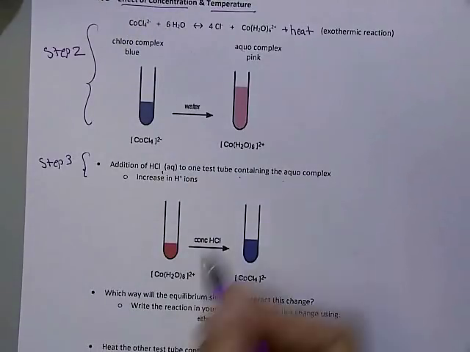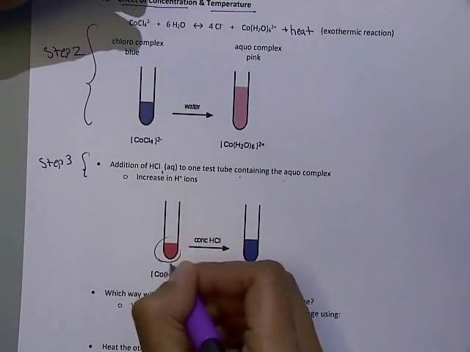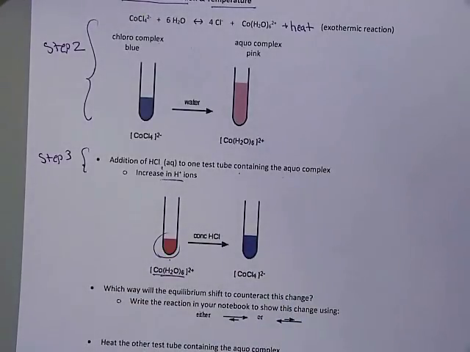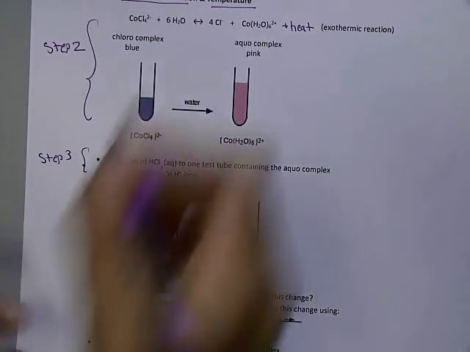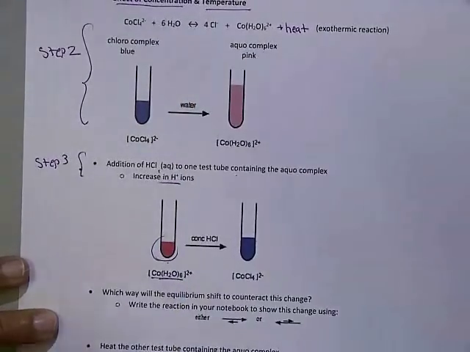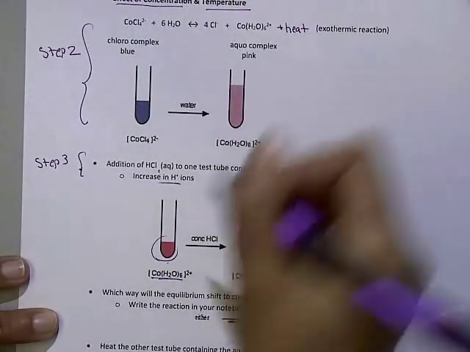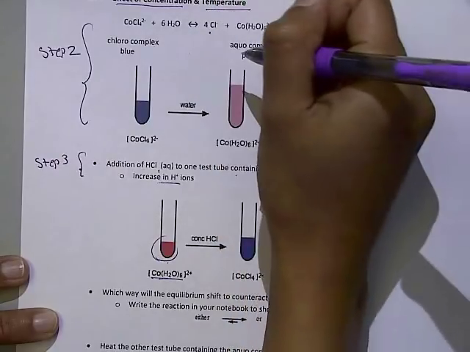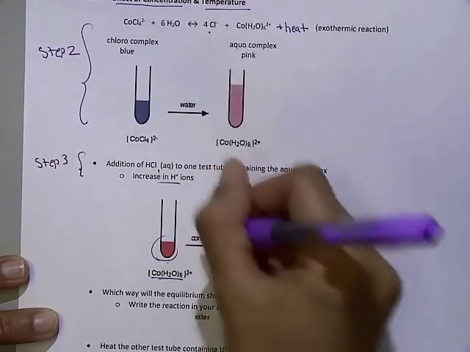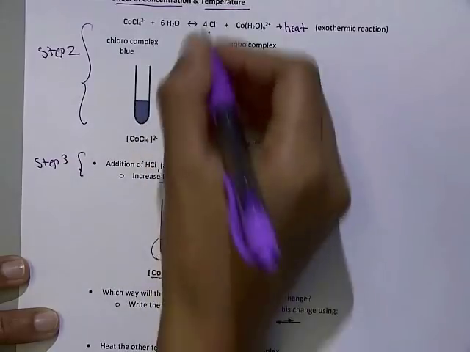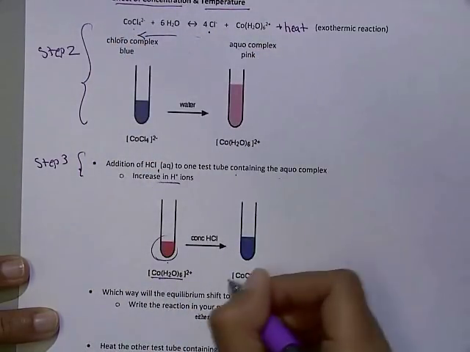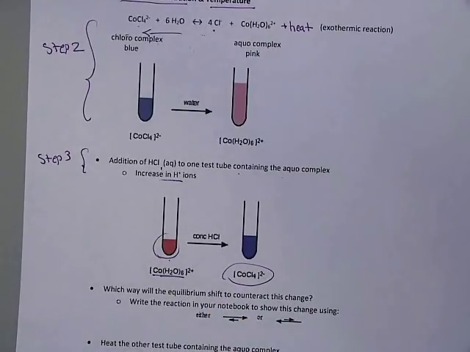Step 3 for this reaction, we're adding HCl to one of the test tubes containing this aqua complex, right? So we started by having this pink aqua complex, and we're increasing the presence of hydrogen ions. We're adding HCl, so therefore we're going back and producing this blue chloro complex, and that's why you'll see a color change, okay?